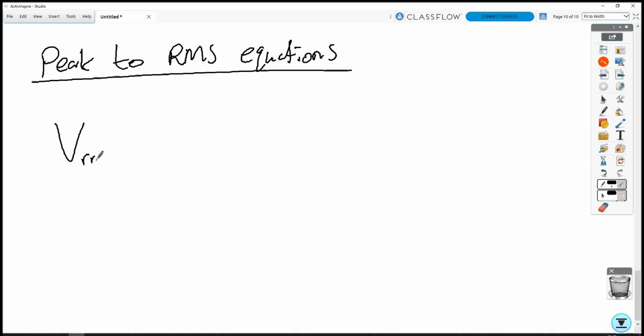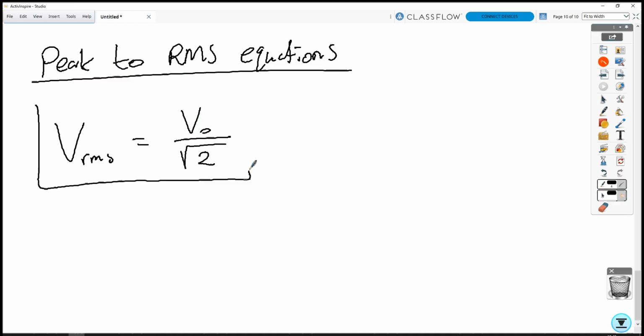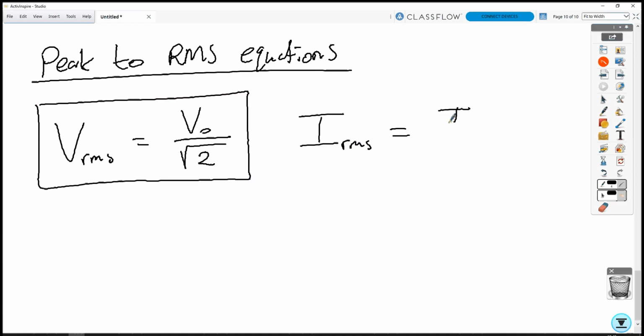So V RMS is equal to V naught over root 2. And then for the current, I RMS is equal to I naught over root 2.